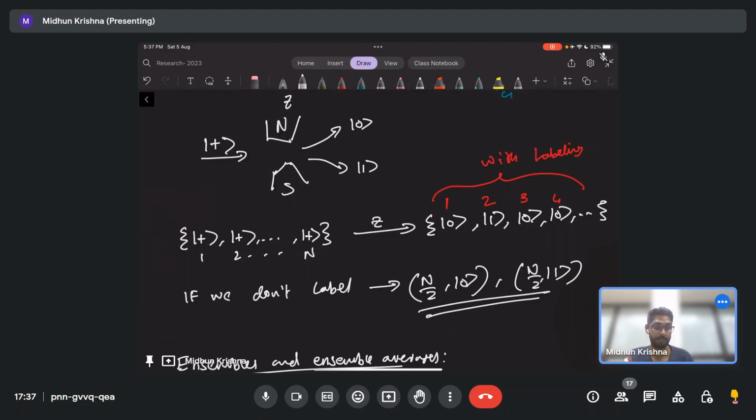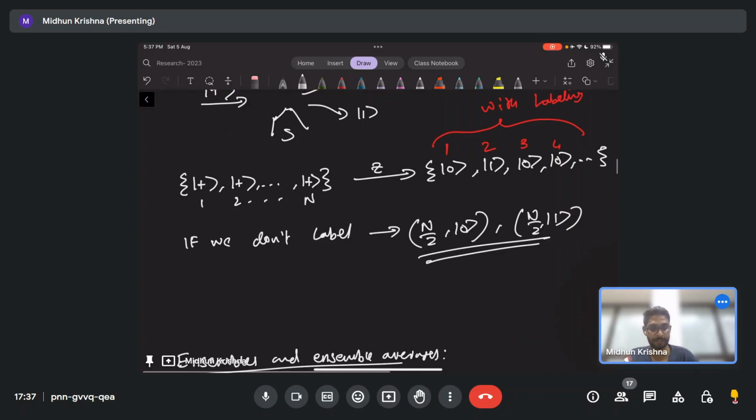So remember, after the measurement, if I combine the two beams, that is not equal to the (0 plus 1) by root 2 superposition. This will also give me half probability for both of them, but these two states are not equivalent. This is a mixture, a classical mixture.